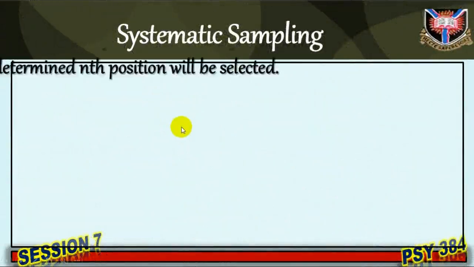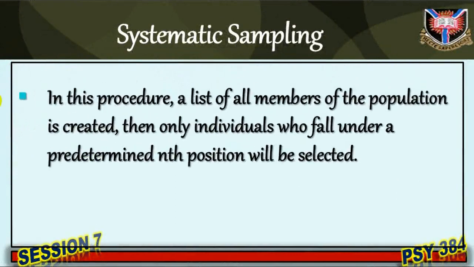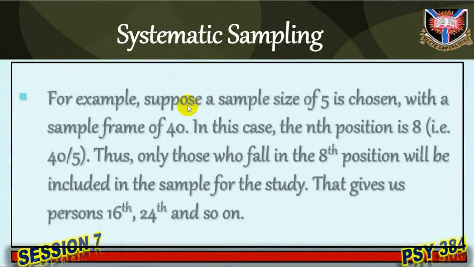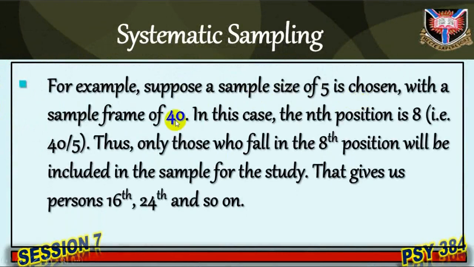Systematic sampling. In this procedure, a list of all members of the population is created, then only individuals who fall under a predetermined nth position will be selected. For example, suppose a sample size of 5 is chosen with a sample frame of 40.